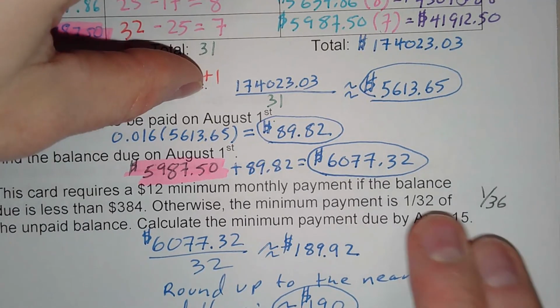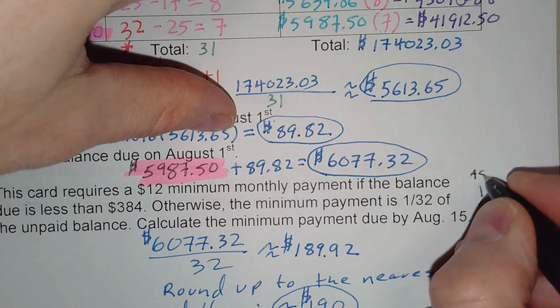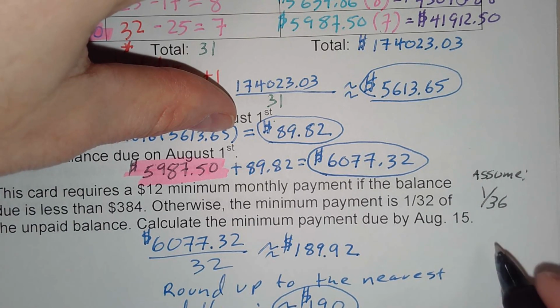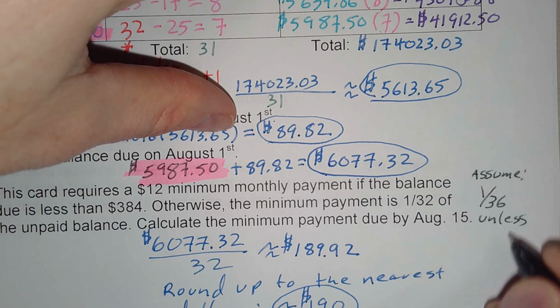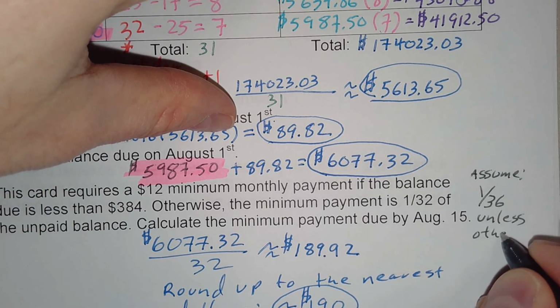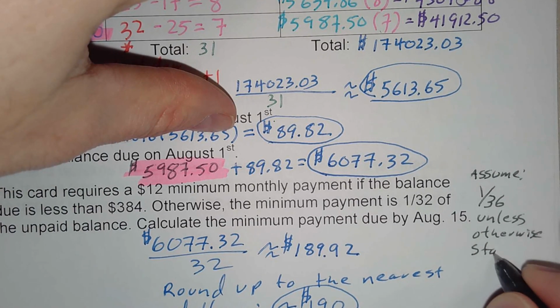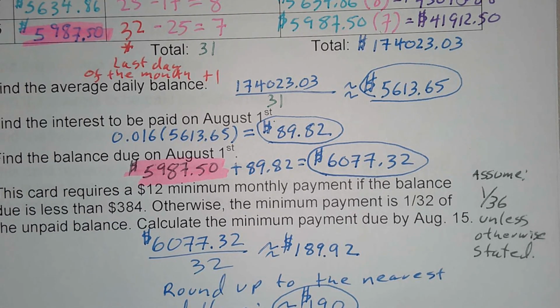So if they don't give you this in the problem, you want to assume you're using 1/32 unless otherwise stated. So if you get to a problem where they just talk about minimum payment, but they don't give you the fraction, just assume it's 1/32.